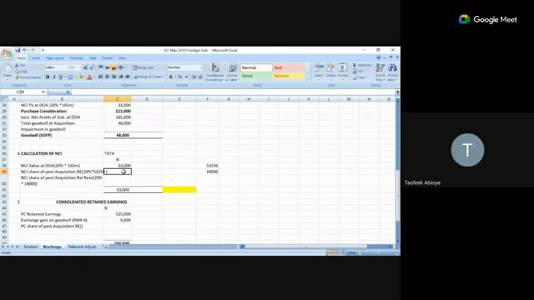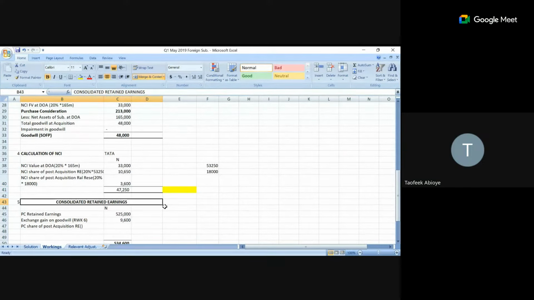So if I can use the calculator here, 0.2 multiplied by this, I can get this. Then is equal to 0.2 multiplied by 18,000. So that is that.